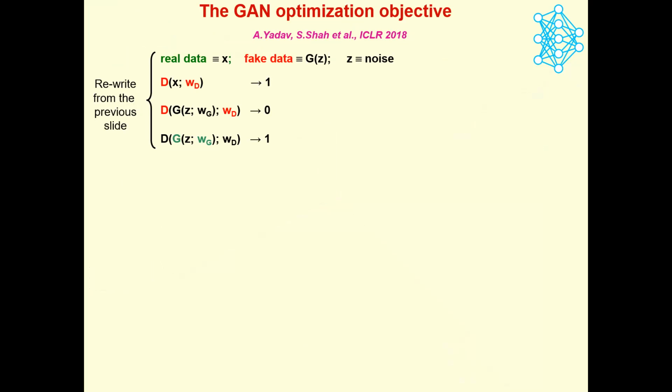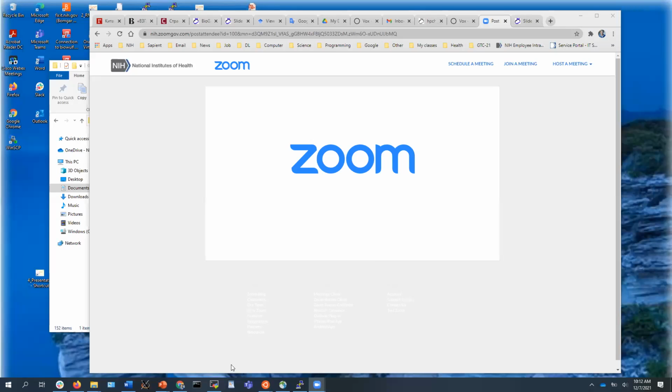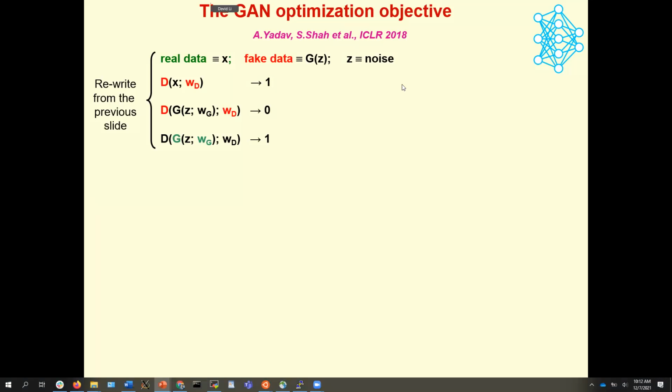But let's now look at what we actually optimize during these steps. And it turns out there is a well-defined optimization criterion that we actually optimize during the training. And this slide will discuss that minimax criterion.